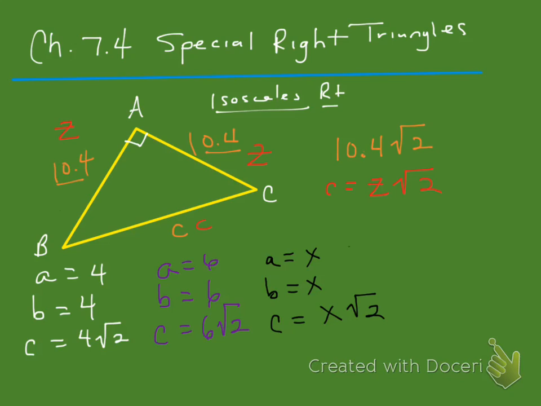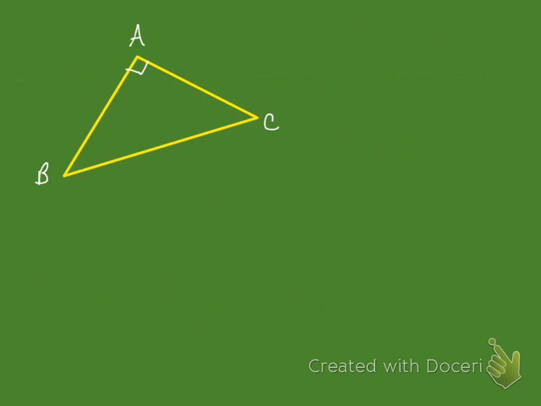You can also use this for other things as well. If I'm still dealing with an isosceles right triangle, and I gave you the hypotenuse, I said, okay, hey, C is equal to 10 square roots of 2. What does A equal?